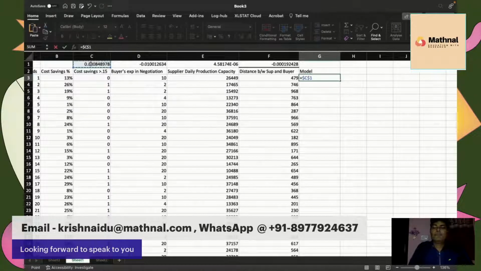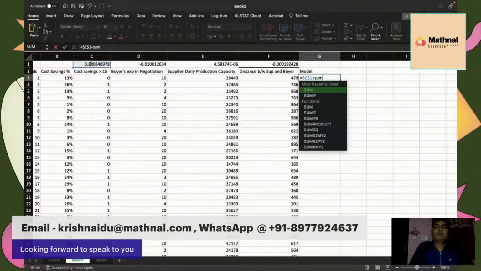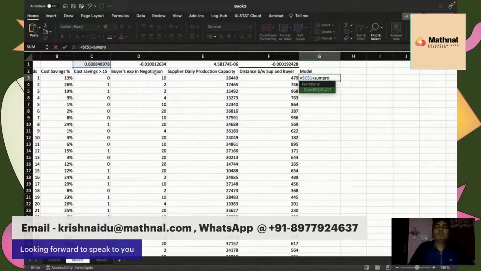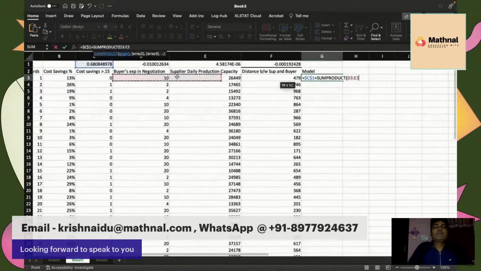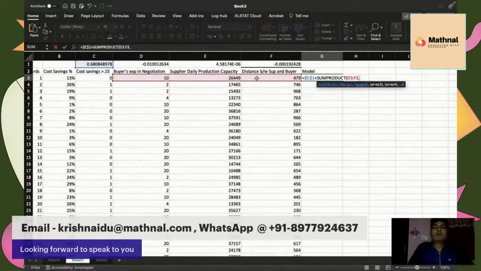And then I'll use SUMPRODUCT of these three, comma, these three will be constant. You have to fix them.